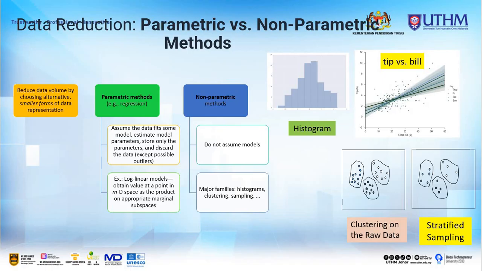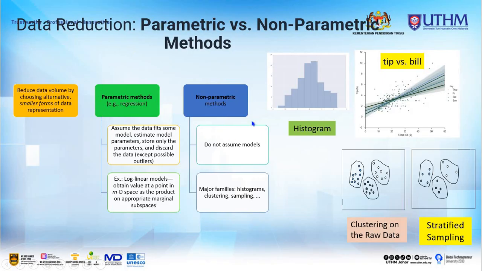There are 2 categories: parametric and non-parametric methods in data reduction. Understanding these approaches is crucial, again, for efficiently managing large data sets while preserving their analytical value. You can see one is parametric, the other one is non-parametric.